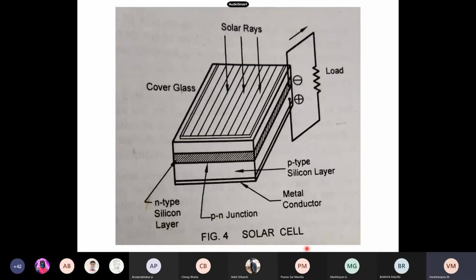The sun is essentially an infinite source of energy, and solar energy is very large, inexhaustible, and a renewable source of energy. It is environmentally very clean, and hence there won't be any pollution. That is a pollution-free source of energy.